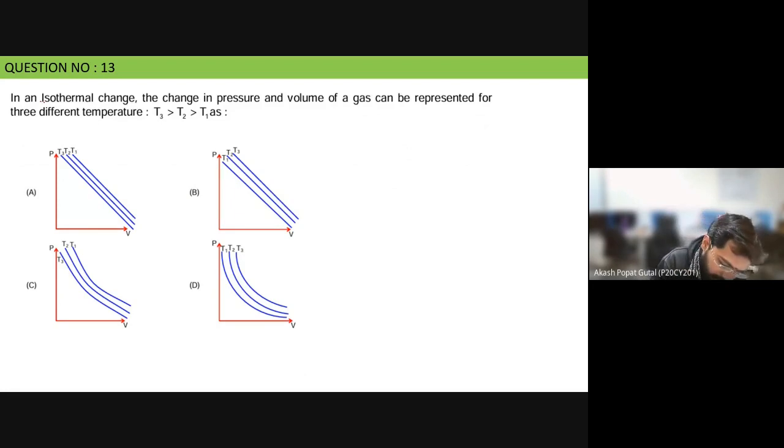Remember, this is for isothermal change. This question is from JEE Mains. So why I'm including questions from competitive exams is because they test the concepts. So more concepts will be cleared.